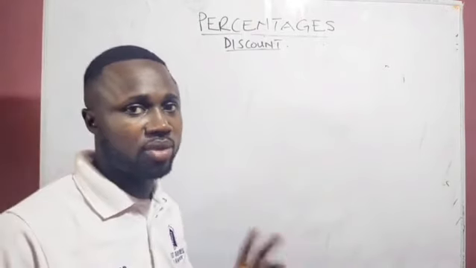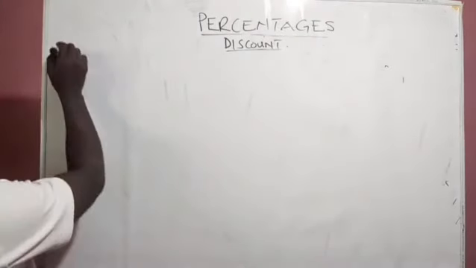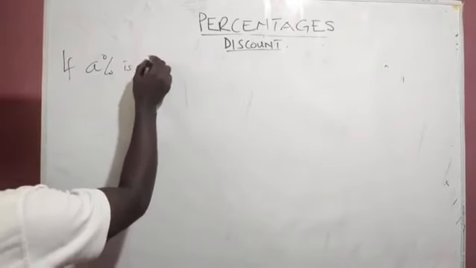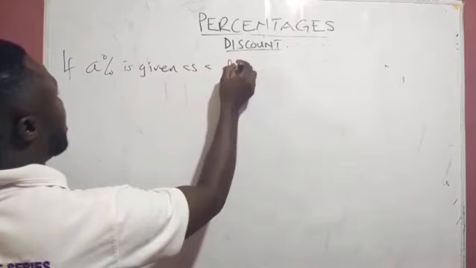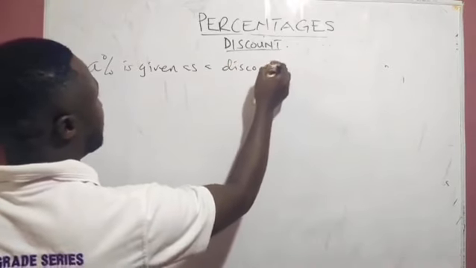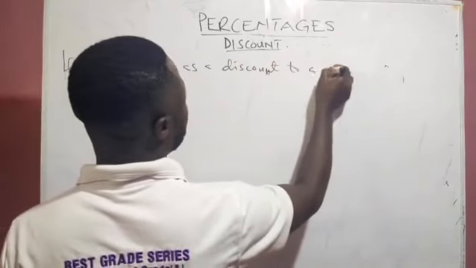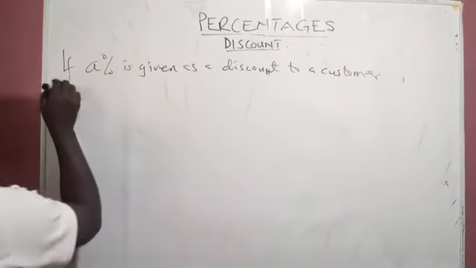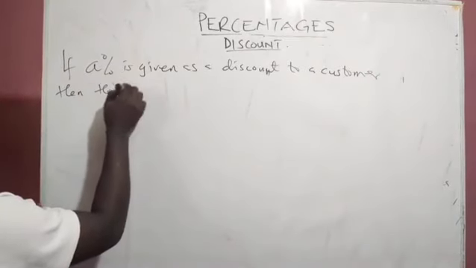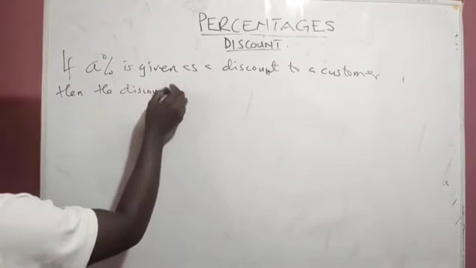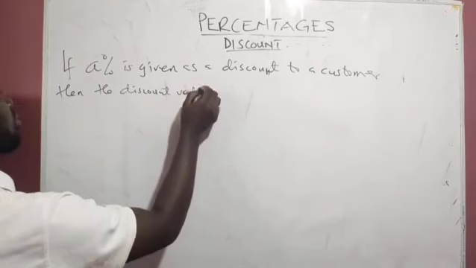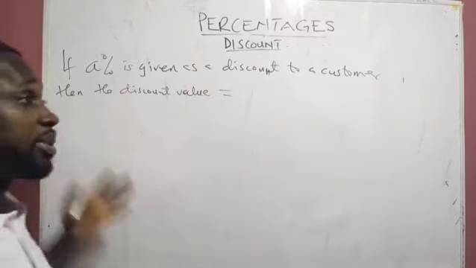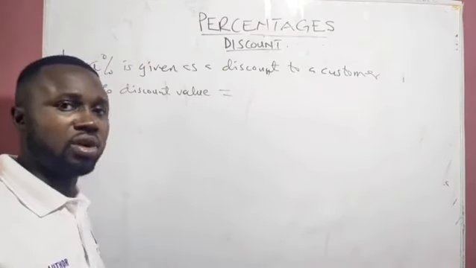So let's look at the concept of discount. If I go to the market and a percent is given as a discount to a customer, then the discount value. So if I go to the market and I'm giving, let's say, 5% as a discount, what is the actual value of the discount?